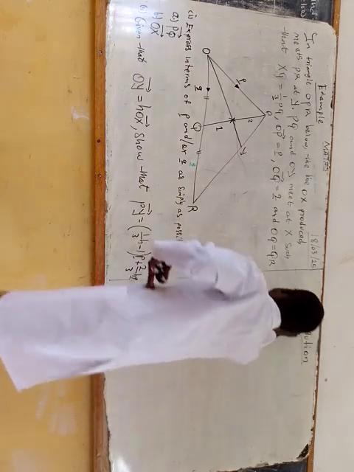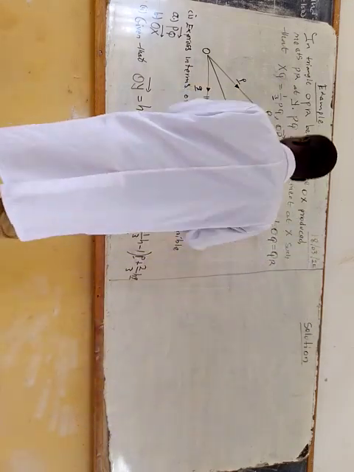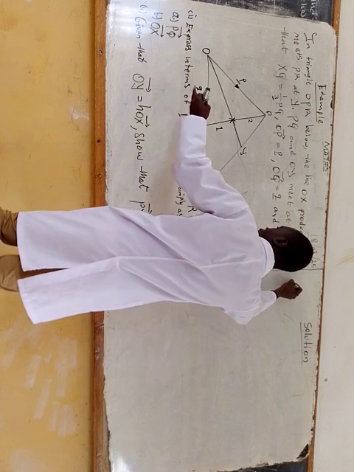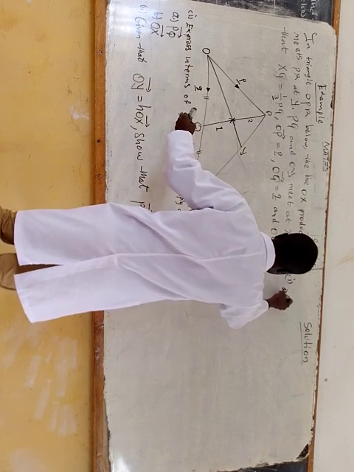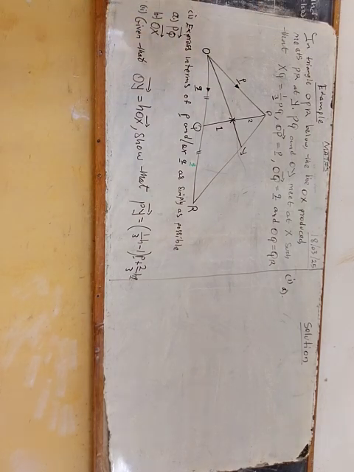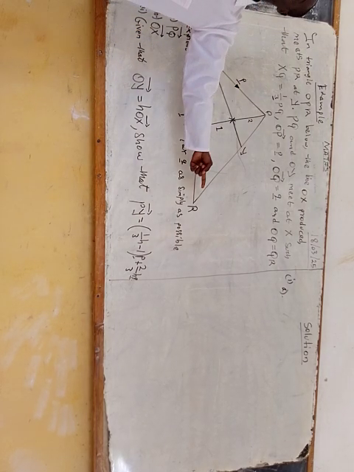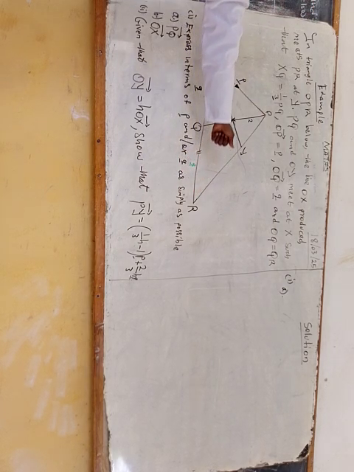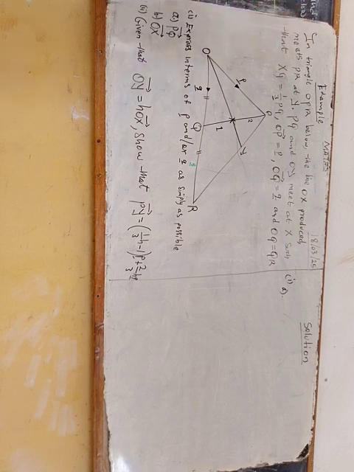So let's have our solution here. Someone is saying we move this side, PR. Why can't we use PR? Okay, so let's use PO. It has to be negative.